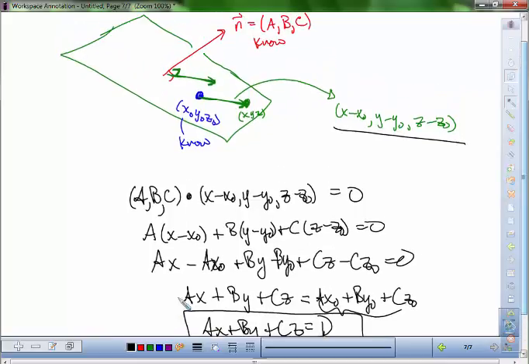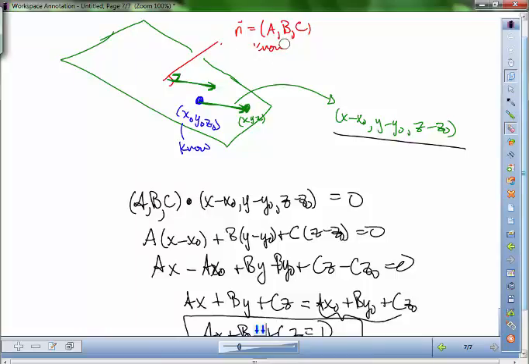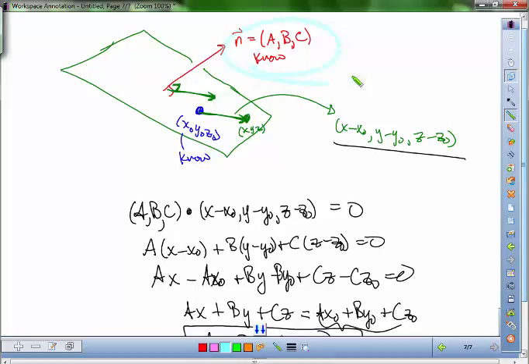What 2 pieces of information did we have to know in the beginning? A normal vector, the perpendicular, and one of the points on the plane.